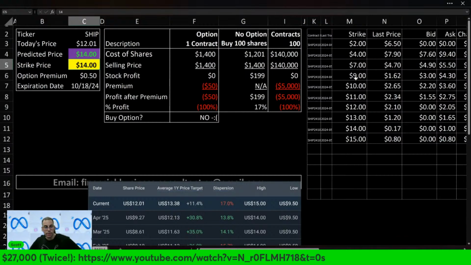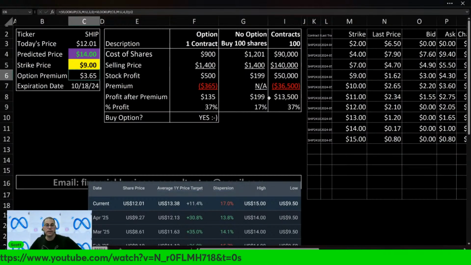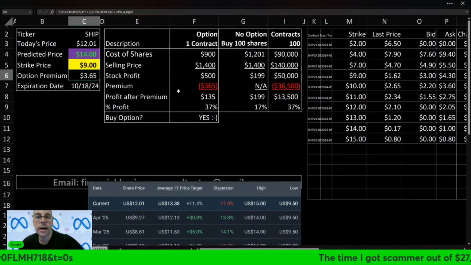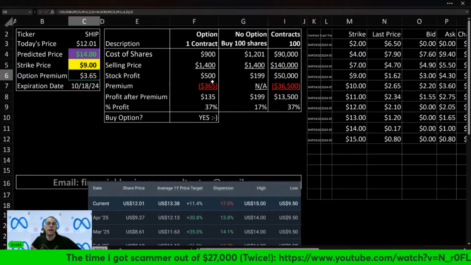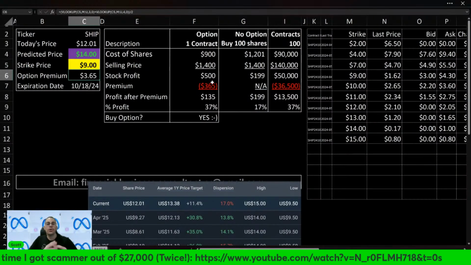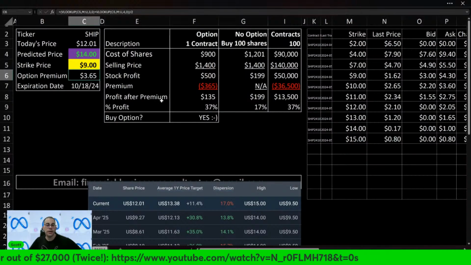Let's do the $9 one. That's a 37% return. So for the $9, we have to pay a premium of $365, pretty high premium, right? To control one option contract.